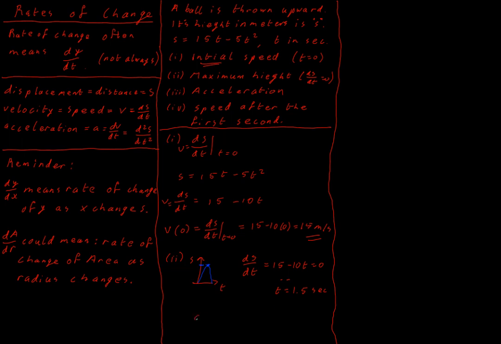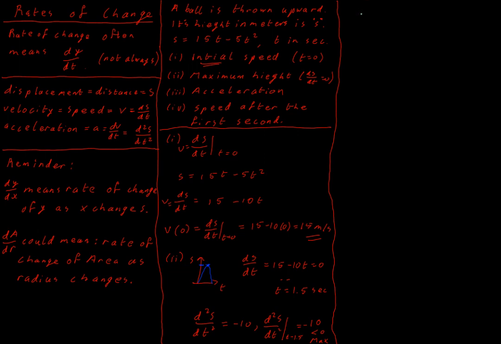So I have to get my d2s dt squared to double check. My d2s dt squared is just going to be minus 10, so my d2s dt squared when t is equal to 1.5 is going to be minus 10. That's less than 0, therefore a maximum. So I know I have a maximum. I have to do that test.